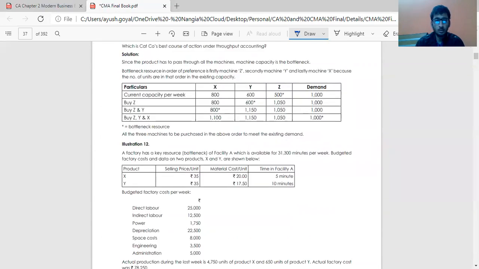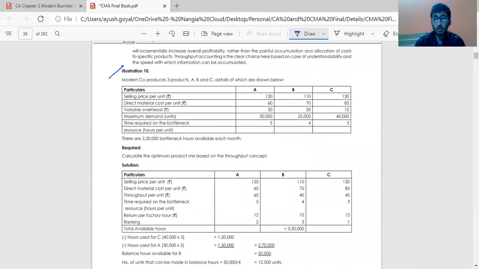So we will do question number 10 and question number 12, two questions, here in the class. And with this, the chapter throughput contribution and theory of constraint would be covered 100%. So guys, let me share with you a blank screen.